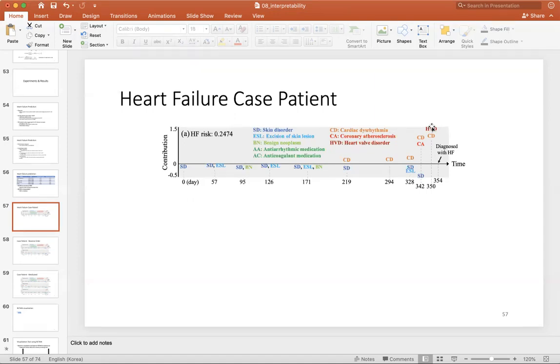Anyway, increasingly severe conditions, and then on day 354 diagnosed with heart failure. So no question here. And the final score, of course, was 2474 again. It's a rather high score, because control patients, patients without heart failure, typically have a risk score of 0.00001 or something. So 2474 is a pretty significant number.